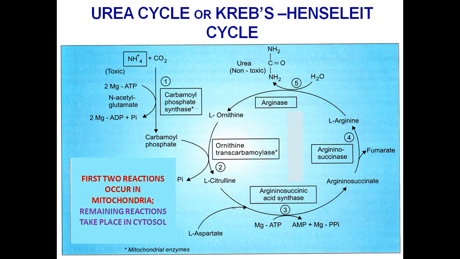Now see the first step. It is the condensation of ammonia with carbon dioxide. Since ammonia is a toxic compound, it has to be detoxified immediately from the body. So ammonia and carbon dioxide that are formed in the TCA cycle are used in the first step of urea cycle, and the enzyme is carbamoyl phosphate synthase, called CPS in short.